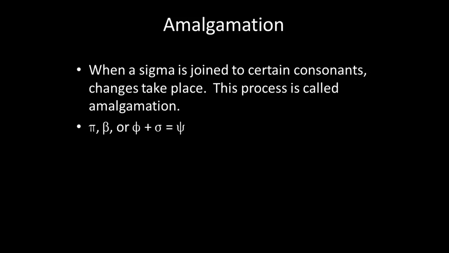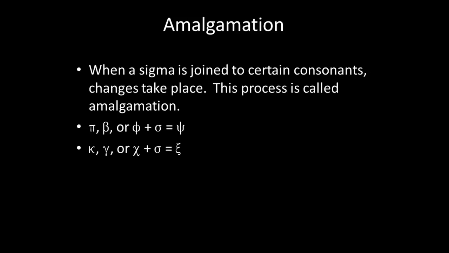It forms a psi. That makes sense because a p sound plus an s sound makes that ps sound in the psi. So pi plus sigma equals psi, beta plus sigma equals psi, and phi plus sigma equals psi. Remember that phi is a double consonant. It's a p plus an h sound. So those three make sense. Pi, beta, or phi plus sigma equals psi.